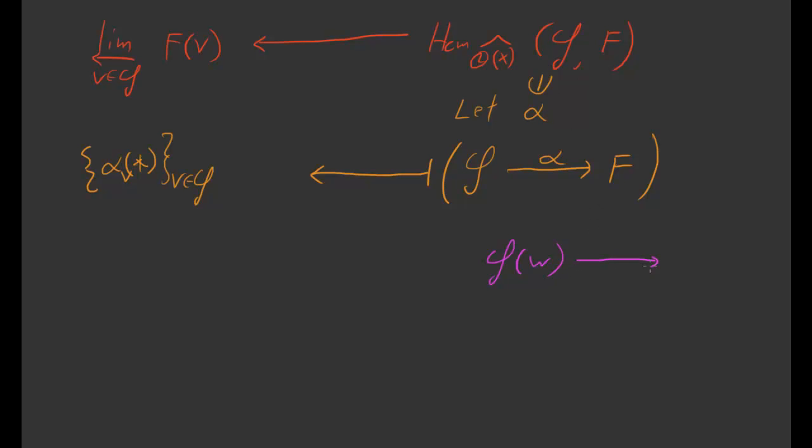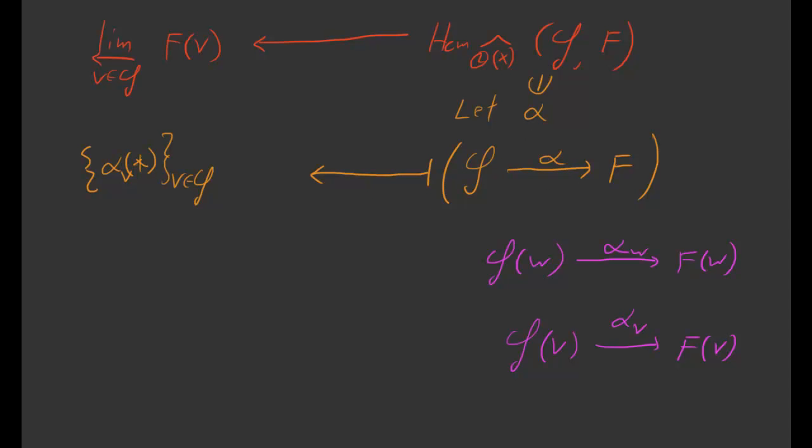But alpha is going to be a collection of maps, alpha w, from these things into F of w. So that's what I mean by writing alpha v over here. I'm referring to the map from S of v along alpha v into F of v. So we take that natural transformation, that functor morphism alpha, and we map it into this family.